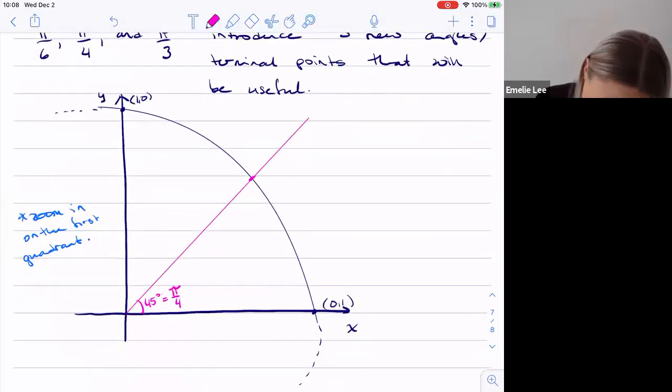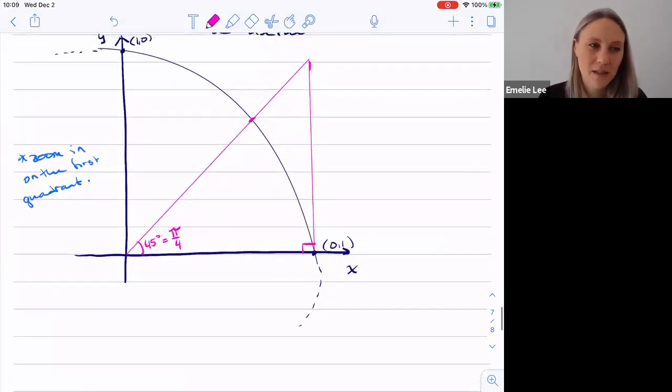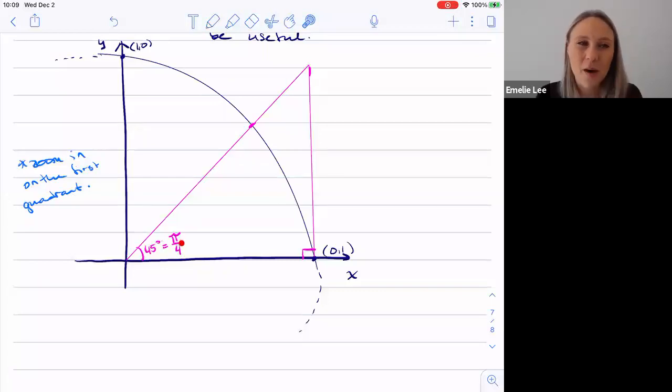So I'm going to have something that drops down like that. Here's my right angle. So of course I have 45 degrees or pi over 4, which we'll get in the habit of using instead as the halfway mark here.